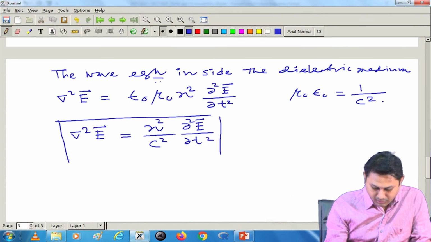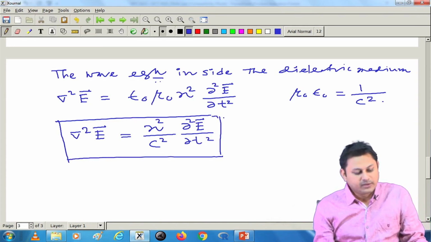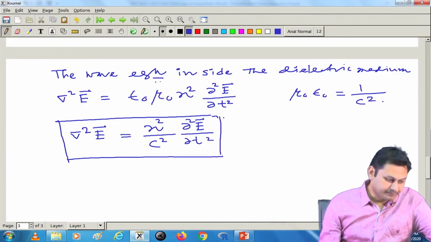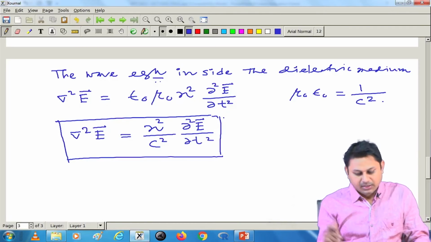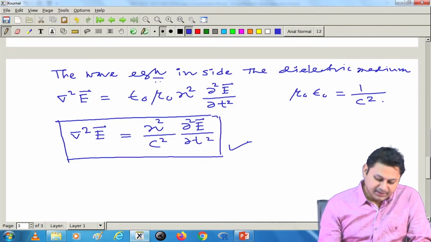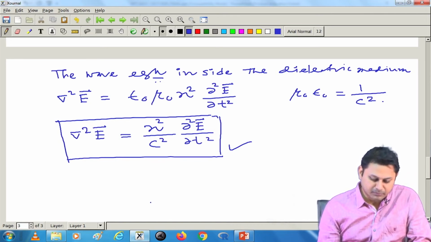for a dielectric medium, the system when the electromagnetic wave is propagating inside a dielectric medium. So, this is the equation one can expect, and you can see that n is now associated with this equation. So, refractive index is going to play an important role, and obviously in the free medium, n is 1.